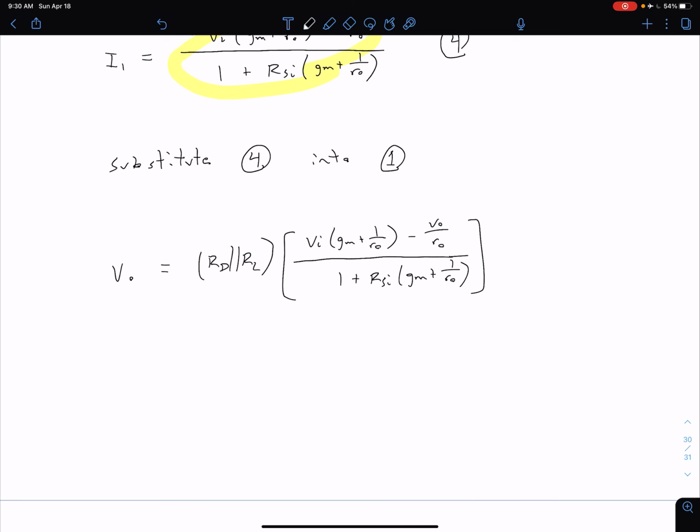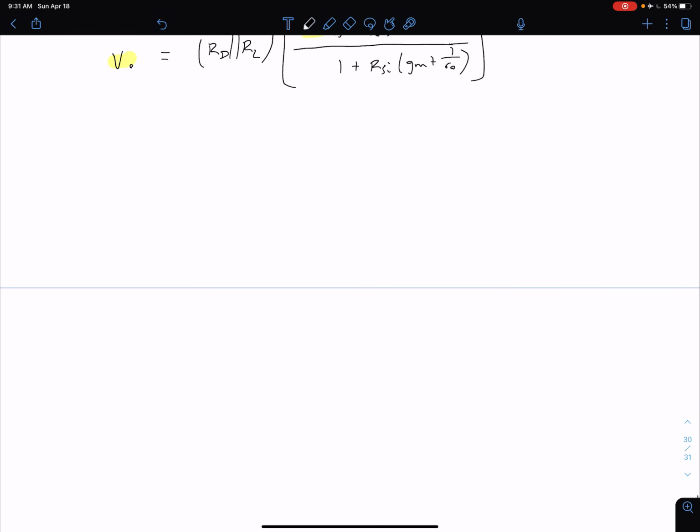So what we can see here is now we have only V out, we have V in, and everything else is either a transistor parameter, GM, R naught, or some resistor in the circuit, RD, RL, RSI. So from here, it's just a matter of algebra, getting all of the things in the right place, and then once we get that, we can simplify a little bit, and if we do that, we'll get a voltage gain expression of AV, which again is equal to V out over VI, and we'll end up with, in the numerator, our RD in parallel with RL still, multiplied by that GM plus 1 over R naught.